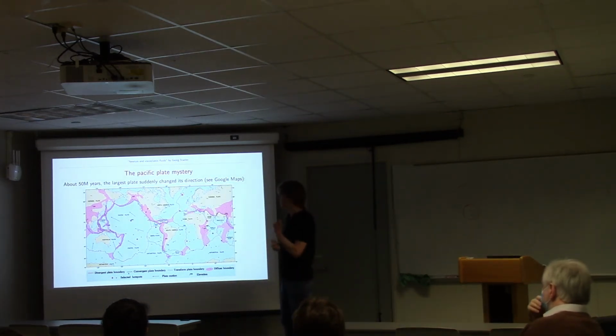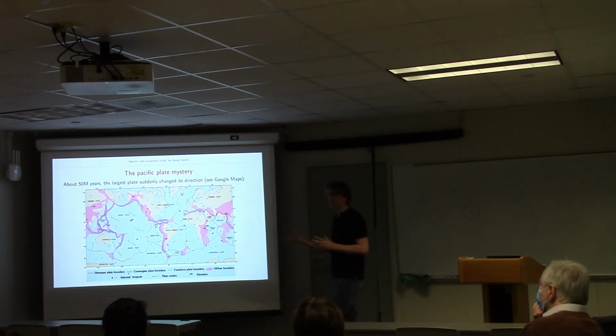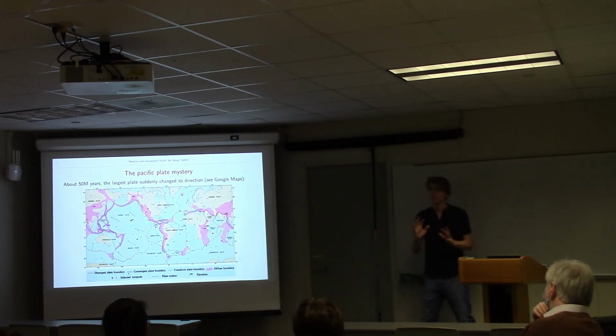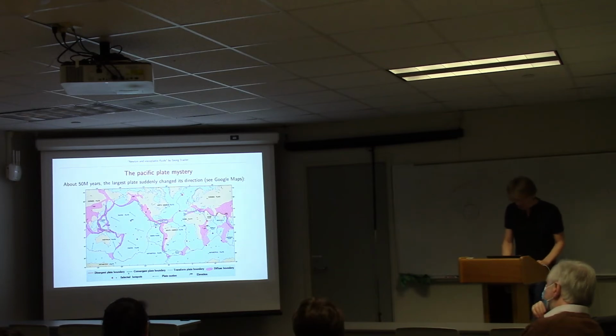There are all kinds of theories out there, and what we did is we can now test some of these theories to see if something that gets suggested is actually able to do that, because to change this direction you need something rapid to have changed.